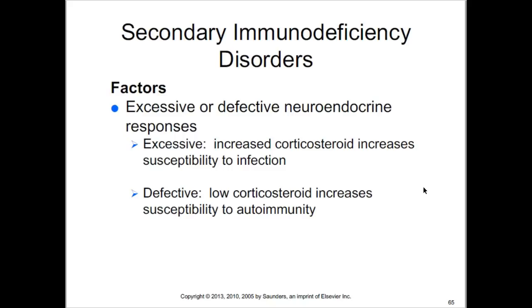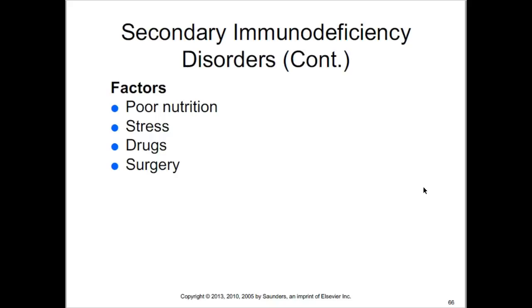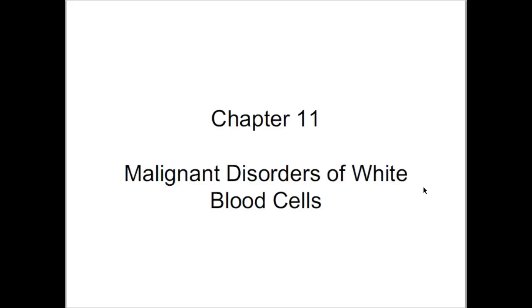Increased corticosteroid increases susceptibility to infection, or defective is causing the opposite. Basically, low corticosteroids are causing susceptibility to autoimmunity. So some of the factors of immunodeficiency, you might see poor nutrition, stress, drugs, or surgery. So that was chapter 10.